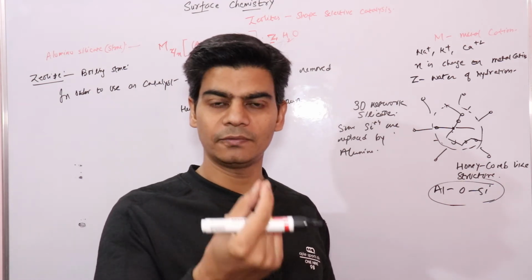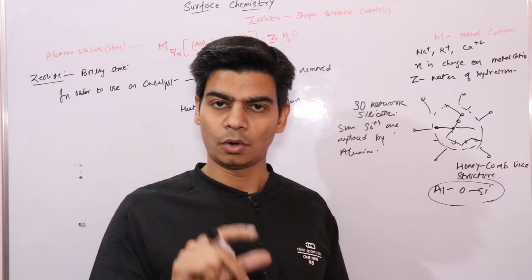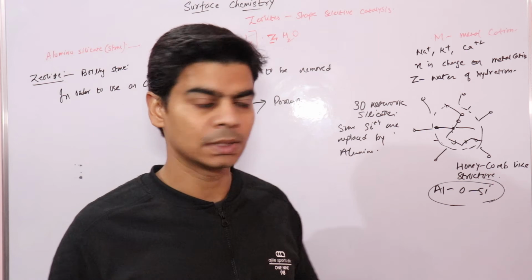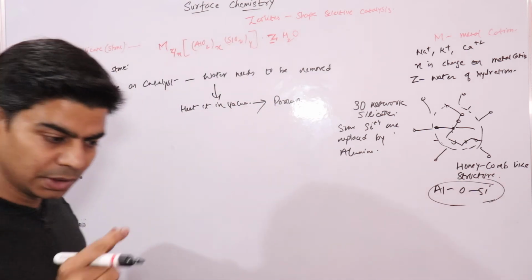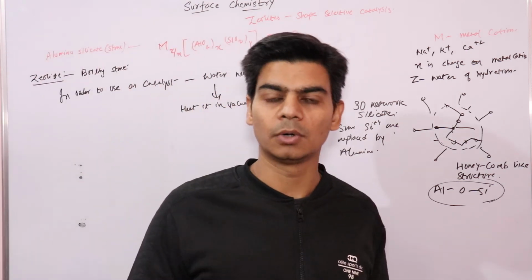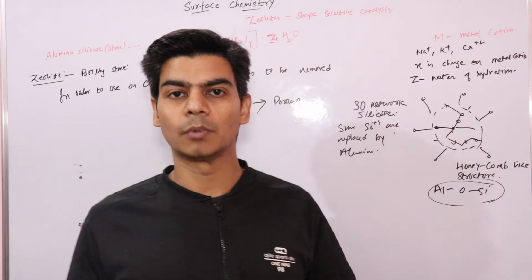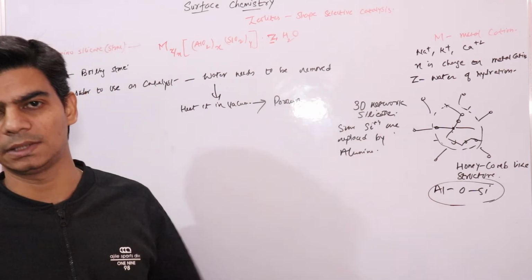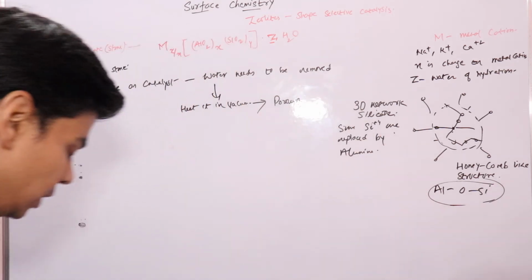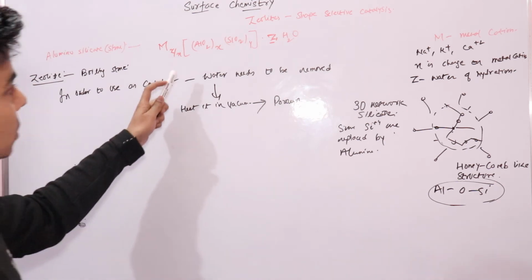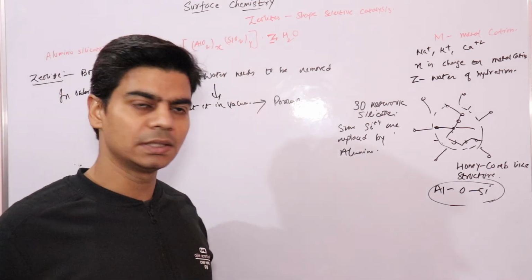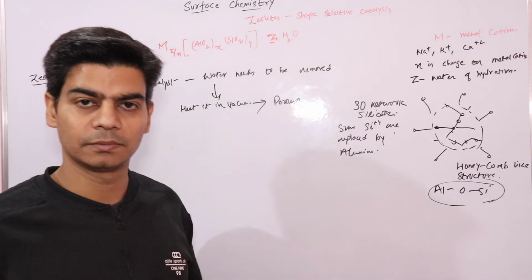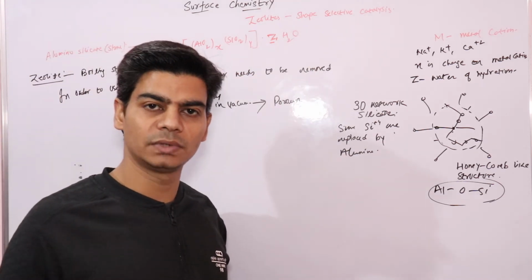So now you have cavities on the surface from which water has been removed. These cavities would be used to absorb the reactant molecules that will use zeolites as catalysts. So I'll repeat: in order to use these aluminosilicates as catalysts, the first thing you need to do is remove the water molecules from the pores on the surface of these zeolites.